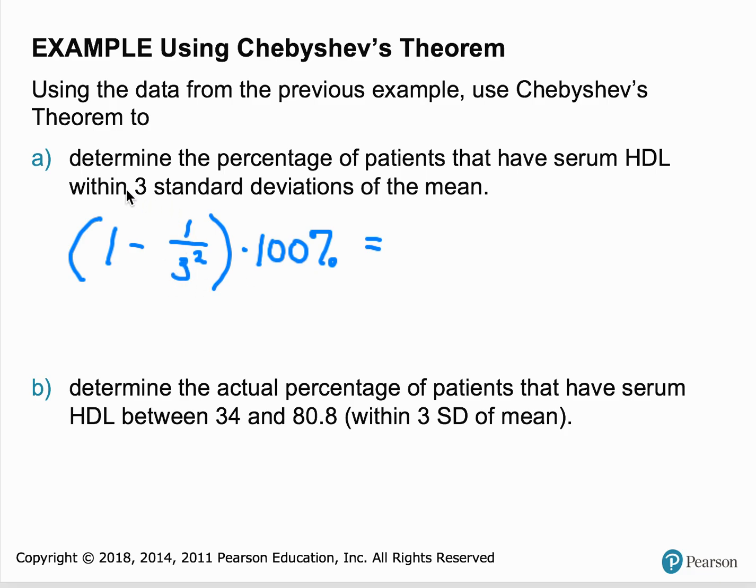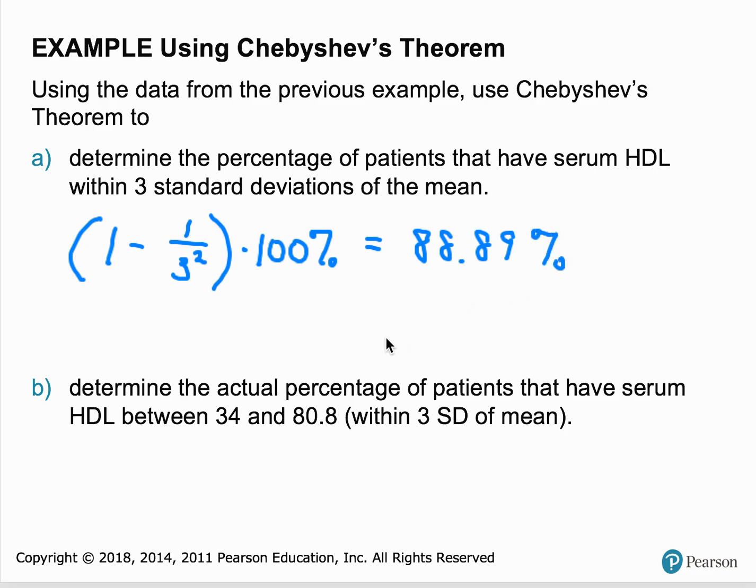However many standard deviations you're being asked, you just plug into that formula. Now let's see what that gives us. 1 minus 1 over 3 squared. Wow, 88.89%.